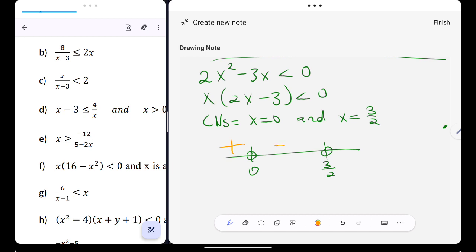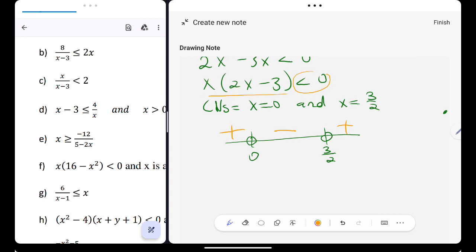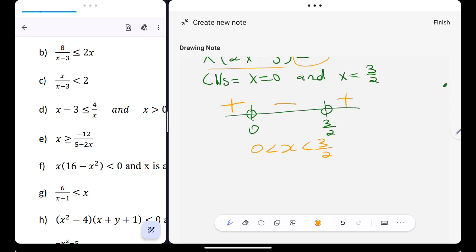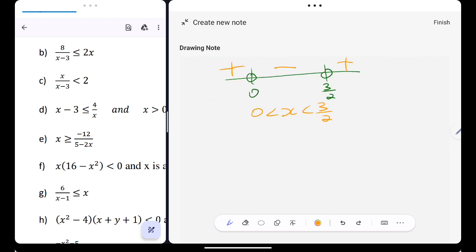If it's a plus followed by a minus and a plus, I want the values of x for which this guy is less than 0. Less than 0 means negative. Are you together? So where do I see a negative answer here? When x is between 0 and 3 over 2. Are we together? When x is between 0 and 3 over 2.